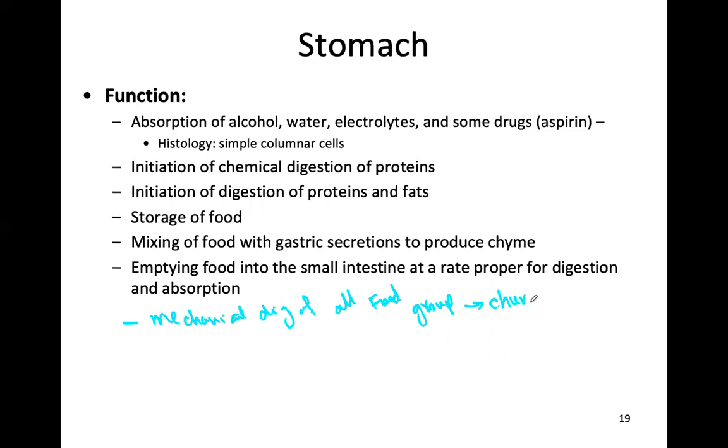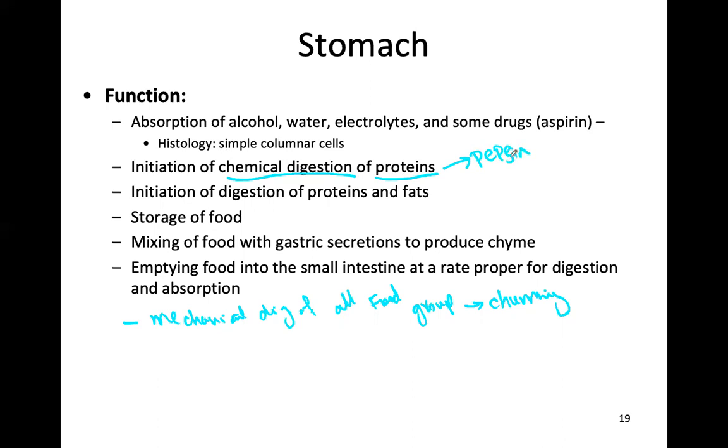We mentioned that earlier. You're also going to initiate the chemical digestion of proteins. Again, anytime you hear the word chemical, do remember that that means you need an enzyme. This enzyme is called pepsin.